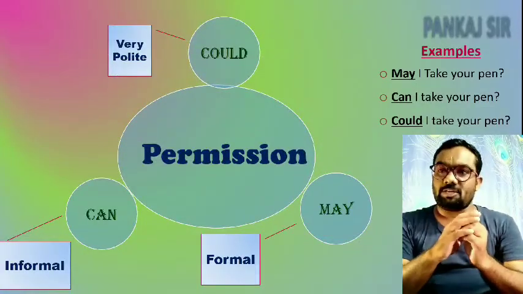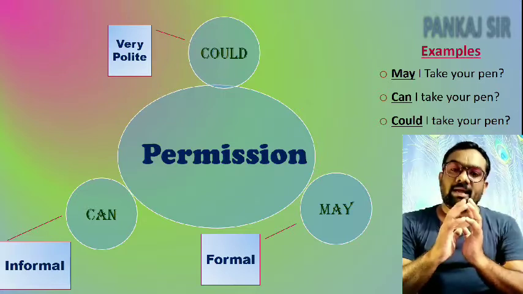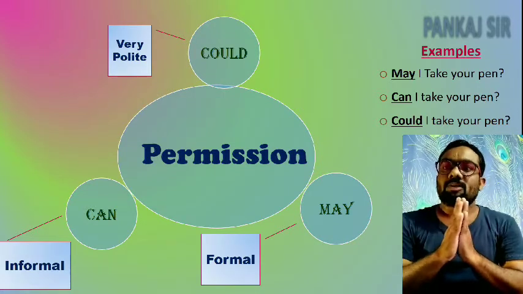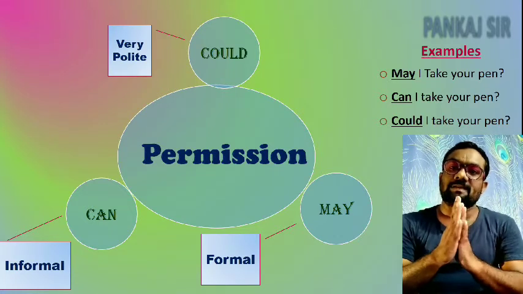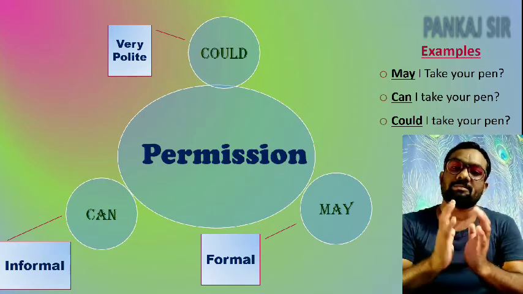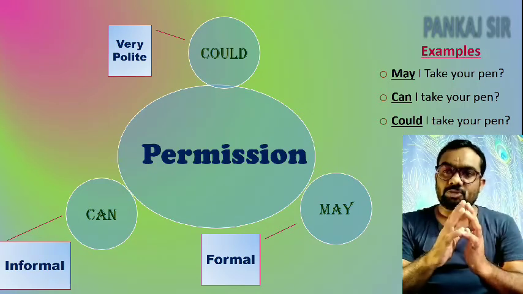For permission we use can, could and may, right? And they have different aspects. When for permission we are using could, it is a very polite request, polite permission, right? When we ask permission of an elder, we ask very politely. For that we use could.